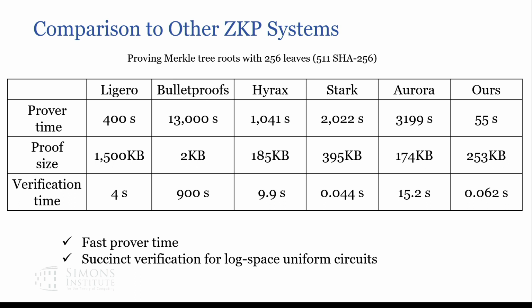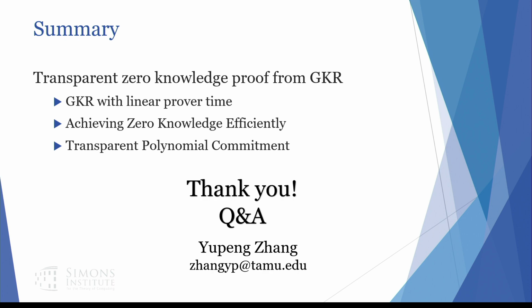Using this thing based on GKR, the proof time is very fast because it's strictly linear in the circuit and only additions and multiplications for the main body. And we still need FFT for the polynomial commitment part, but that's only on the size of the witness. And there's no way you can optimize exponentiation to be faster than multiplication, right? And then the verification is succinct if your circuit has structure in it. So that's all of my talk, and thank you.